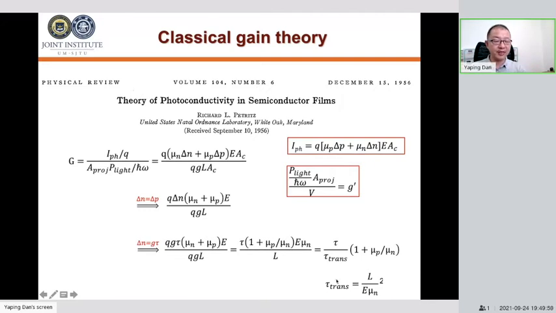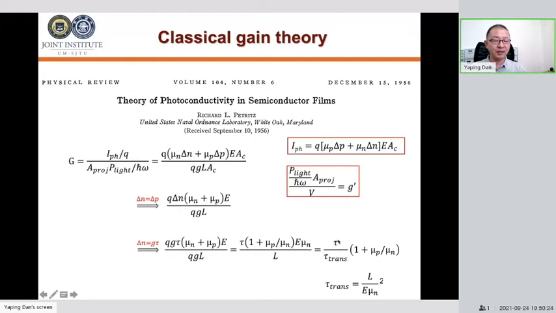This defines the transit time. Tau over here is the minority carrier recombination lifetime, which we also defined previously. That's directly related to the recombination rate: the recombination rate is equal to delta n or delta p divided by the minority carrier lifetime.